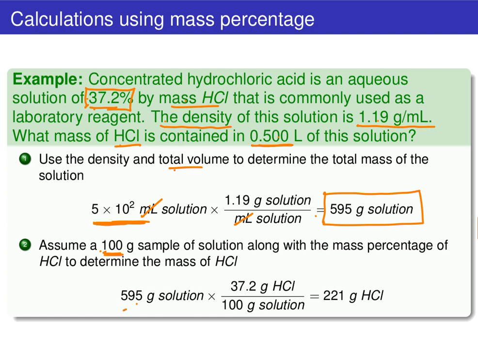So given the mass of solution that we just calculated in the first step, we can multiply by this ratio under the assumption of 100 grams of solution, this ratio that we formed, 37.2 grams of HCl per 100 gram solution, to arrive at our final answer. Grams of solution cancels out, and we're left with grams of HCl. So we should get a value of about 221 grams of HCl.